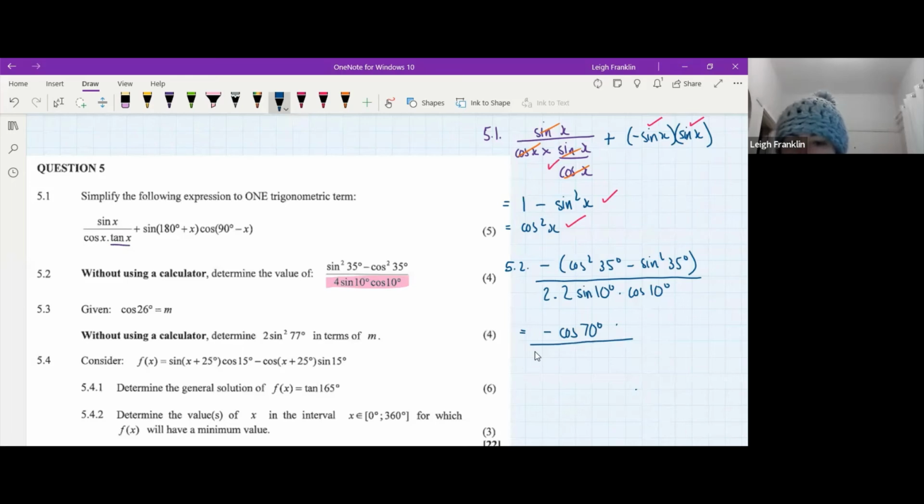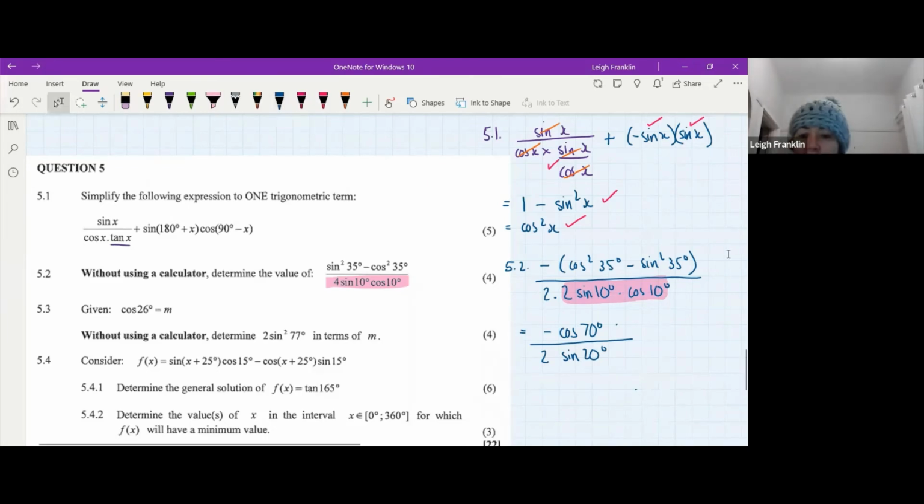Does that make sense to everybody? At the bottom, this bit over here that I'm highlighting in pink is going to become sine 20.